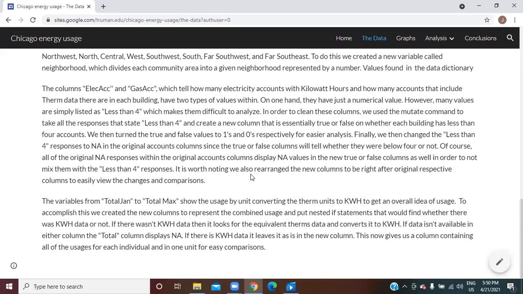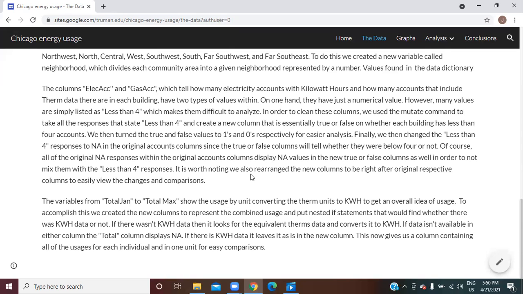We also rearranged the columns to be right after the original respective columns so that we could easily view the changes and comparisons. And then finally, a big struggle with this data set was the therms and the kilowatt hours, which you can convert between. We wanted to get a bigger picture of overall usage.